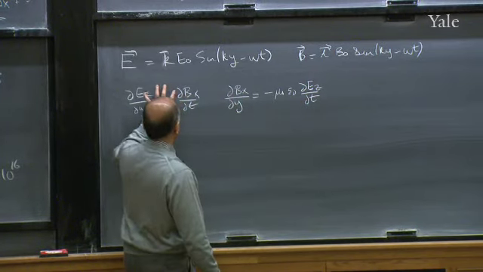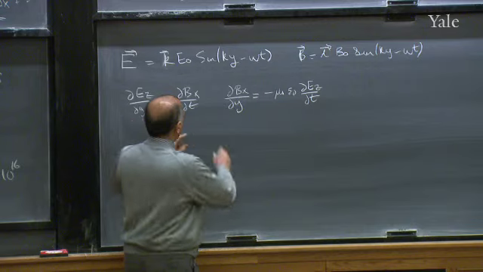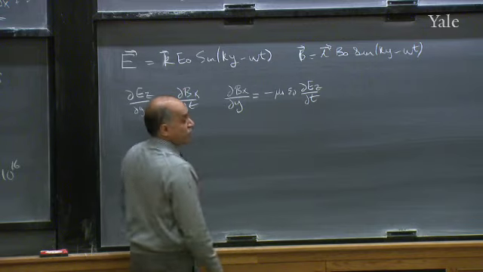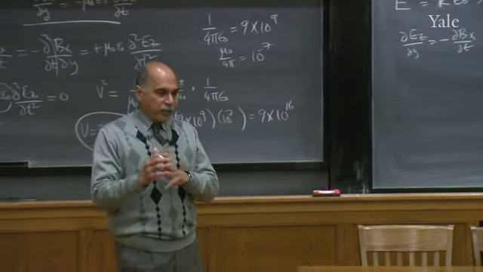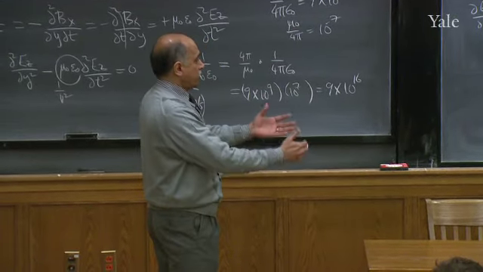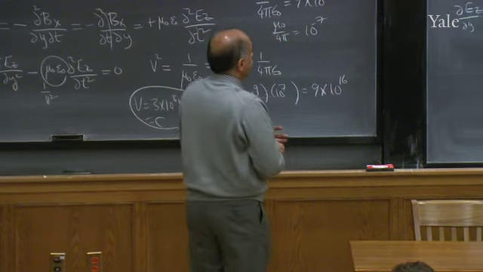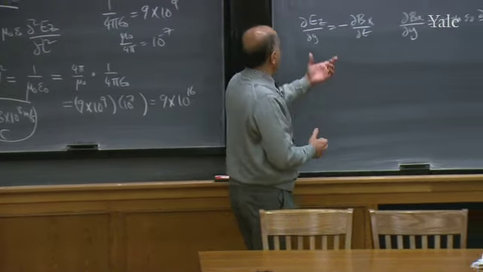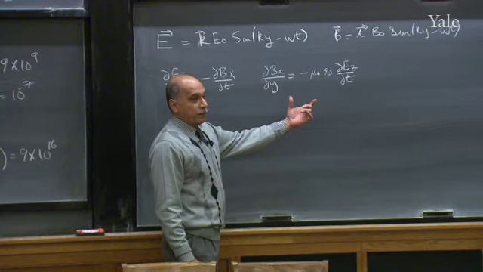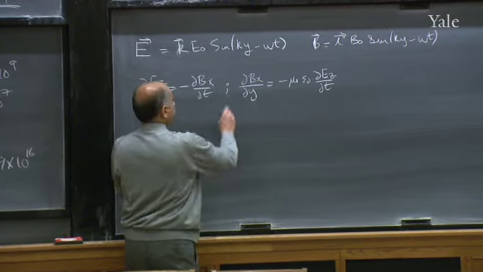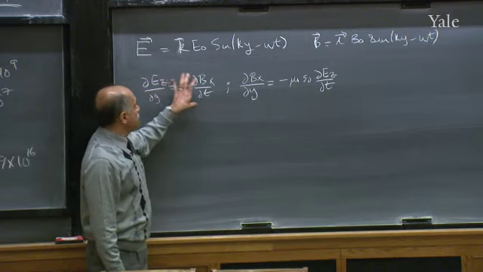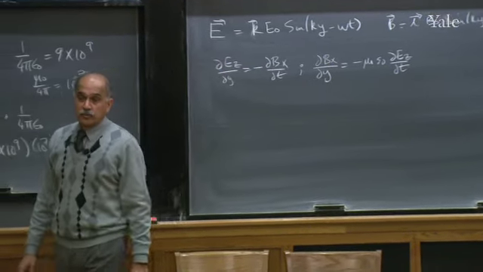If they obey these two equations, they will obey the wave equation, because when I combine this equation with that, I got the wave equation. You understand? When I have an equation A and an equation B, and I put one into the other, I get the wave equation. But you really should satisfy equation A and equation B separately, because it's not enough to satisfy the one you get by shoving one into the other. They should be true independently. So let's demand that this be true and that be true.